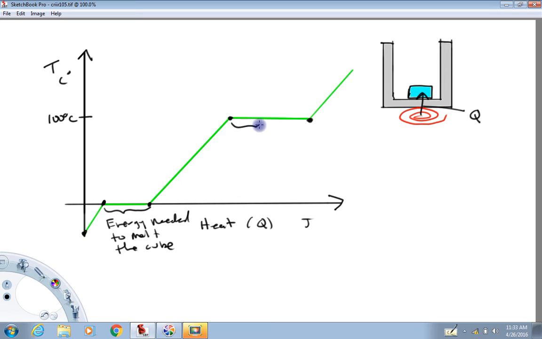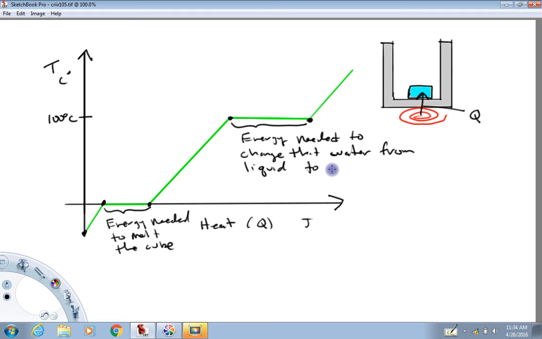And this distance on the graph represents the energy needed to change that cube. Well, at this point it's not a cube anymore. We'll say change that water from liquid to a gas. This process in physics we call vaporization. We're vaporizing the water.